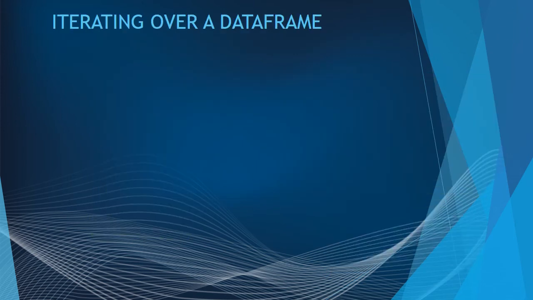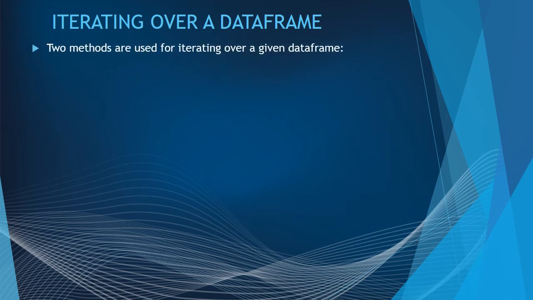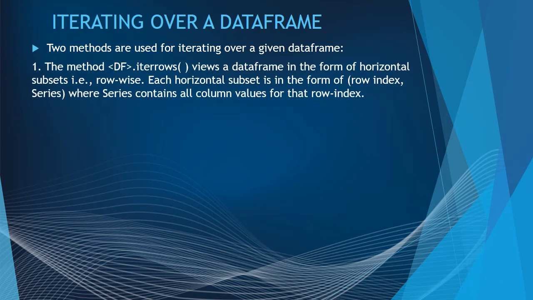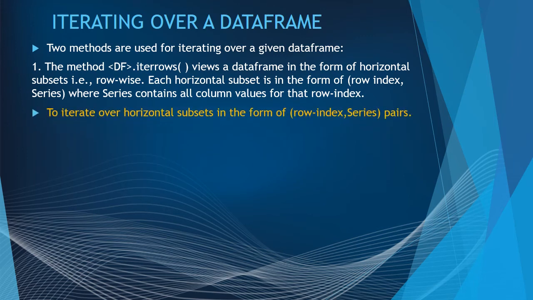And next, iterating over the data frame. There are two methods used for iterating: iterrows and iteritems. With the iterrows method we can retrieve the data horizontally, that is row wise, from that data frame object. The iterrows returns the values in the form of row index and series values.